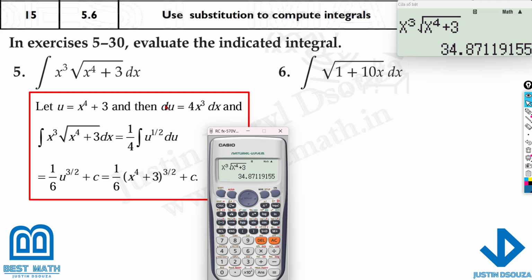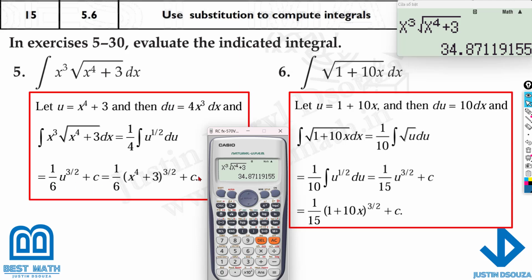And then you need to look into all the four options. Now, this is the correct option with plus C, right? Now, one of the correct options, when you derive it, at x is equal to 2, will give you the same answer, 34.87. Shift and d, the symbol gives you d by dx, right? Let's look at this. Shift d by dx, that's deriving.